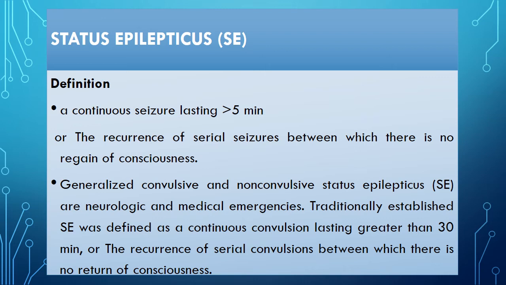The definition was changed from a convulsion lasting more than 30 minutes to 5 minutes only because recent studies have proved that a prolonged seizure of more than 5 minutes is more difficult to control and brain insult will occur, so management of seizure should start at 5 minutes in order to prevent brain injury.